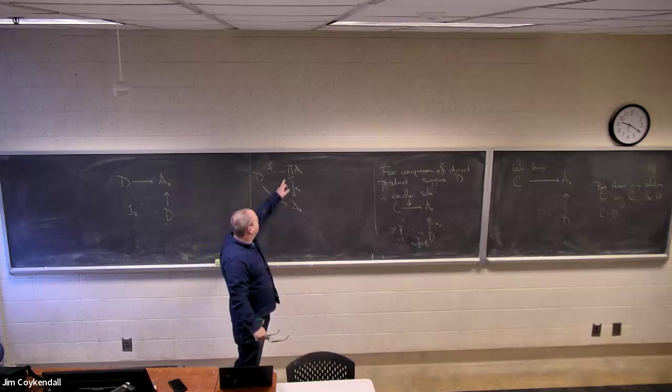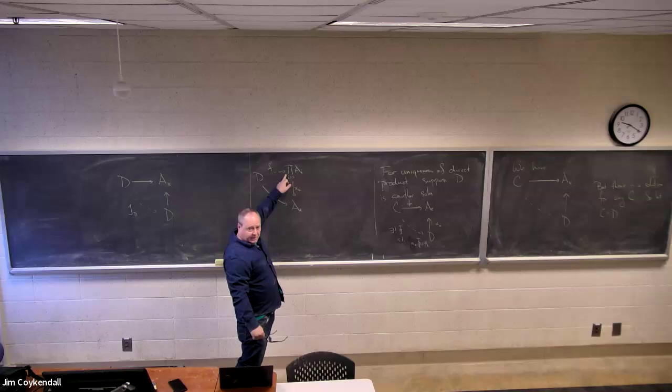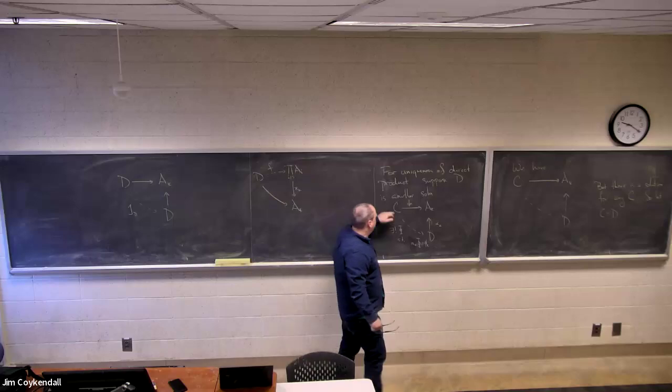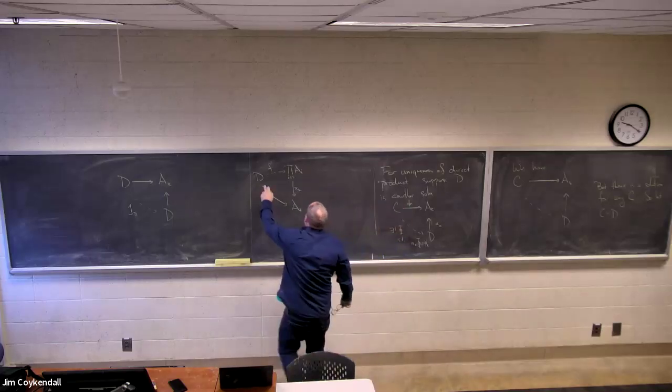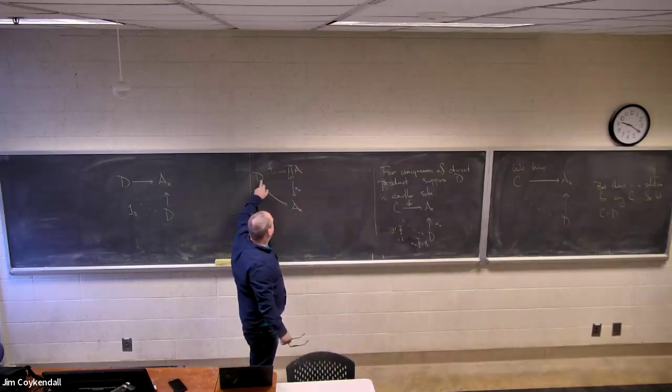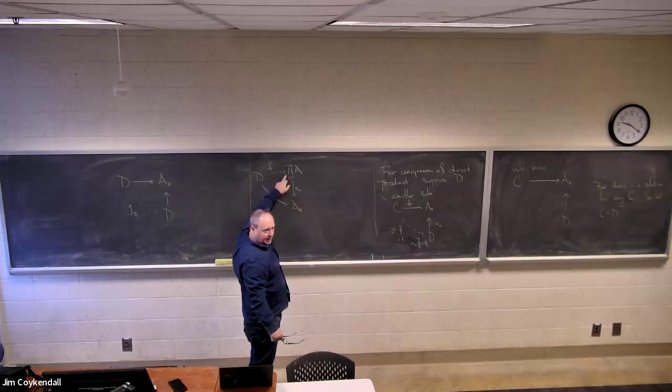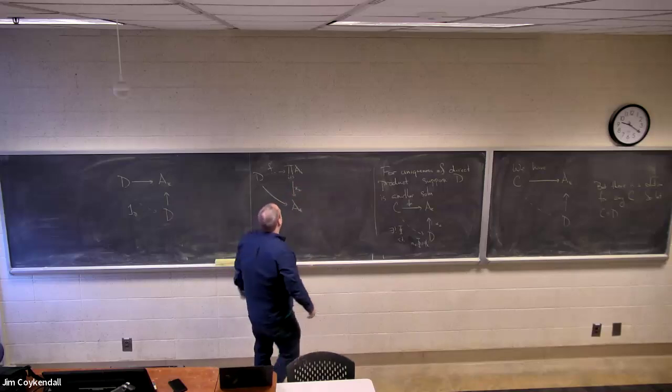And why does this work? This works because we proved this about the direct product, right? That is, there has to be this map that goes from C into the direct product. In this case, C is being played here, and here's the direct product. But see, D also is a direct product, right? In the sense that it solves problems.